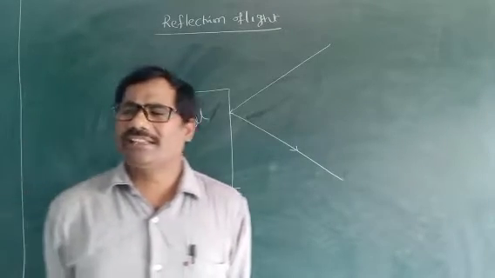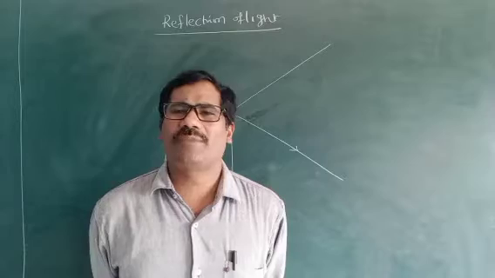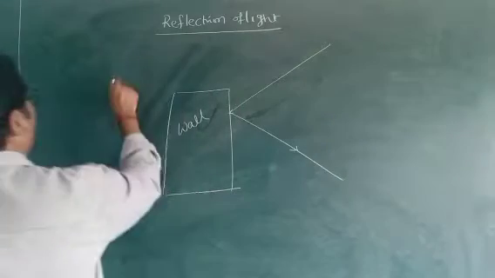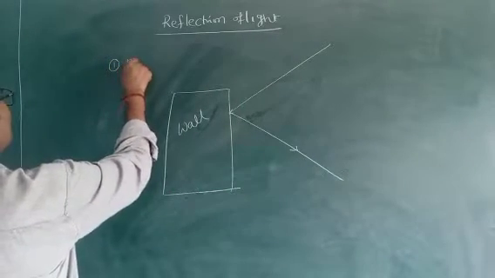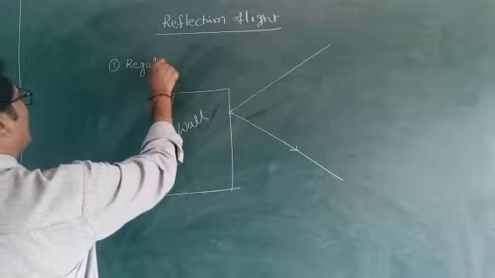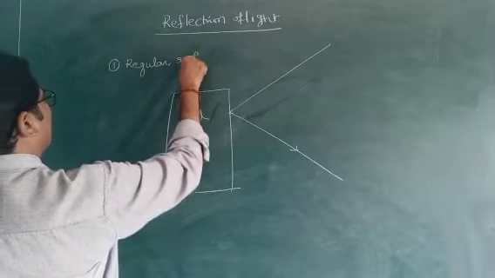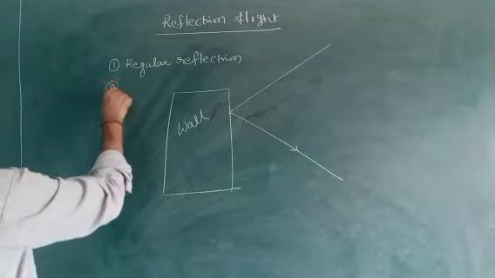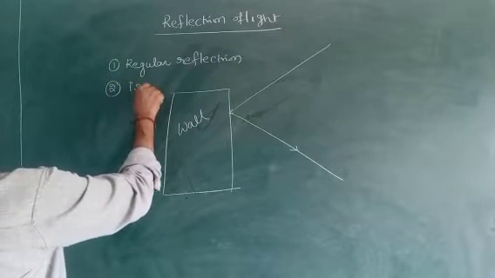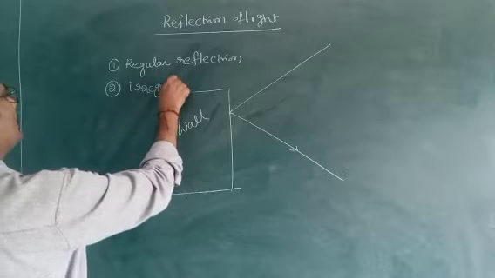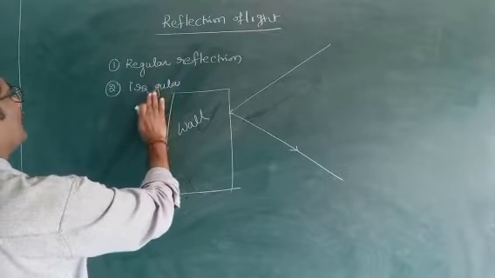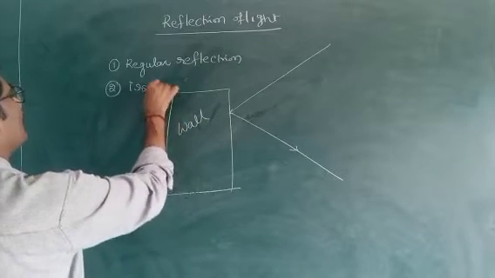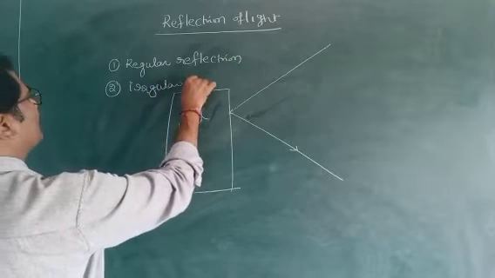Generally, reflection is of two types. The first is regular reflection. The second is irregular reflection.